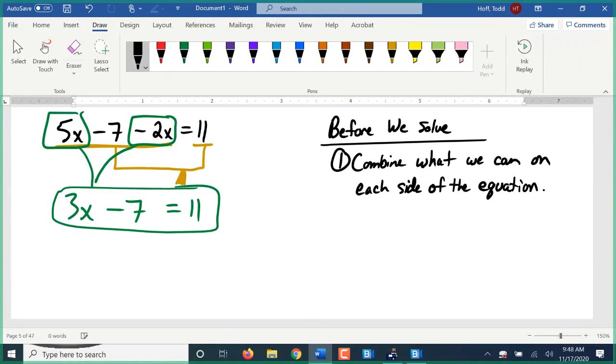In this case, that was combining the 5x and the negative 2x.